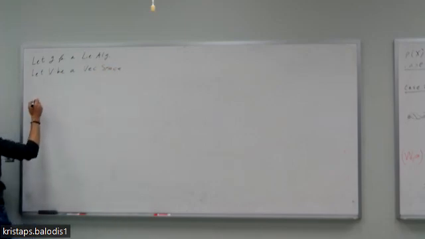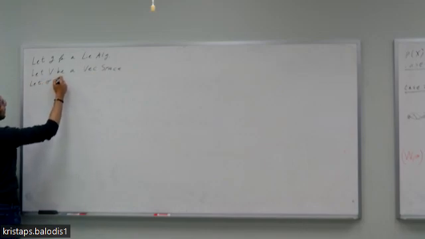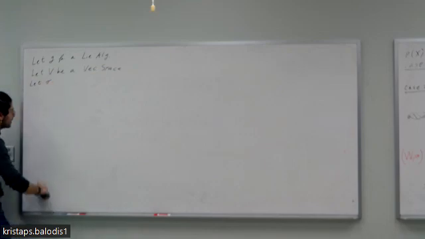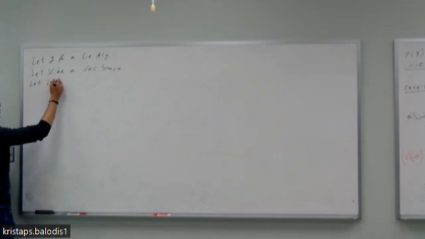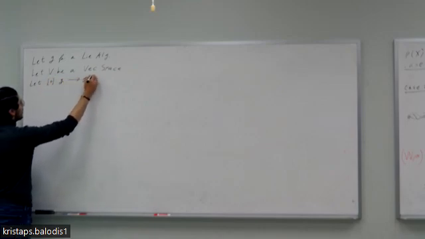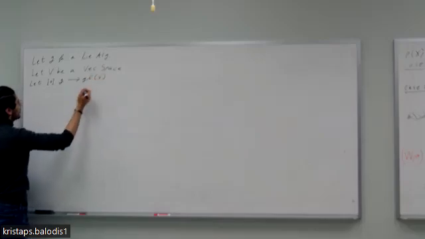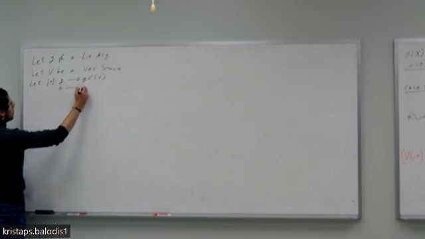And then let sigma from... actually, sorry, I'm going to change my notation a bit. Let 0 be the map from G to GL(V) such that A gets mapped to the zero homomorphism.